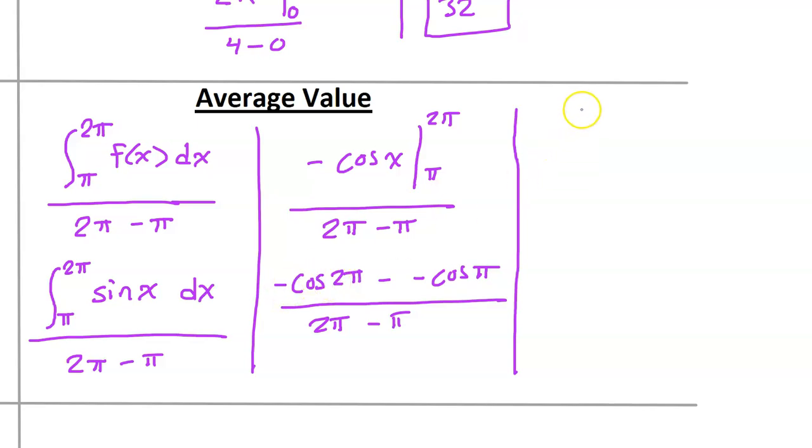But don't forget the negative sign in front. So we actually have negative 1. Minus a negative is addition. And then the cosine of pi is negative 1. So we have negative 1 plus negative 1 over, and 2 pi minus pi is pi. So this gives us negative 2 over pi. So this is the average value.